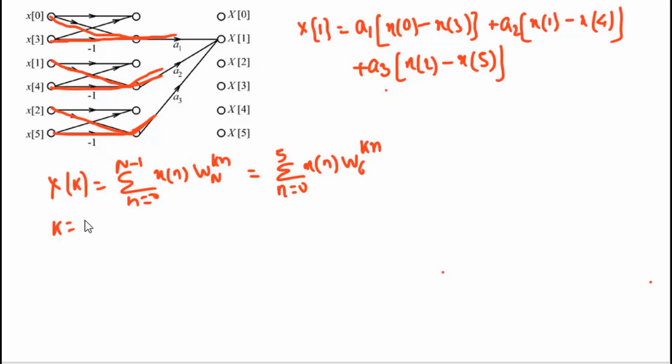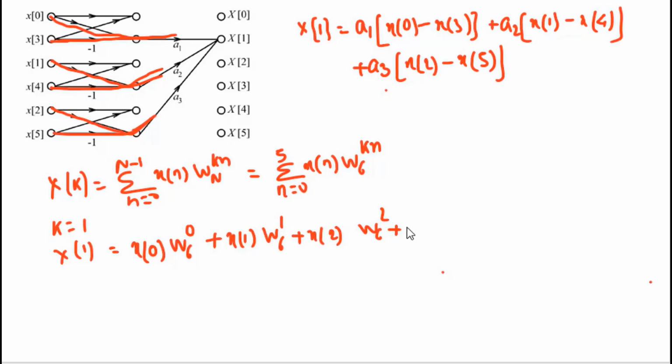By putting k equal to 1, you will get x of 1 as x of 0 W6 to the power 0, plus x of 1 W6 to the power 1, plus x of 2 W6 to the power 2, plus x of 3 W6 to the power 3, plus x4 W6 to the power 4, plus x of 5 W6 to the power 5.